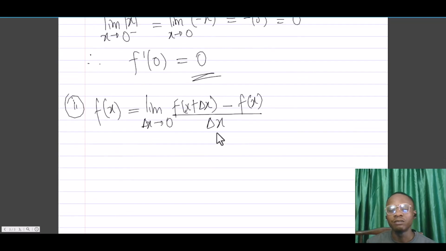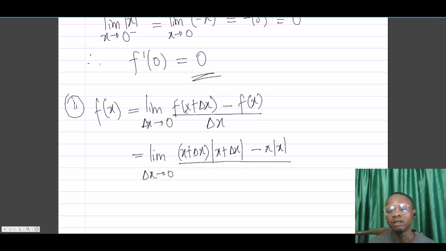So f of x plus delta x is x plus delta x multiplied by the modulus of x plus delta x, and then minus f of x, which is x multiplied by the modulus of x, divided by delta x.